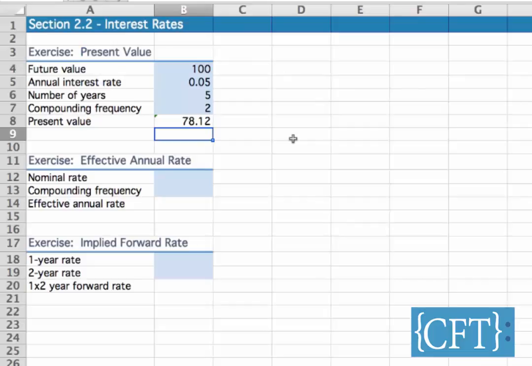So we're back in the Excel workbook again, now looking at the effective annual rate exercise. You'll recall that we want to know the effective annual rate that corresponds to a nominal rate of 3% that is compounded 4 times per year.